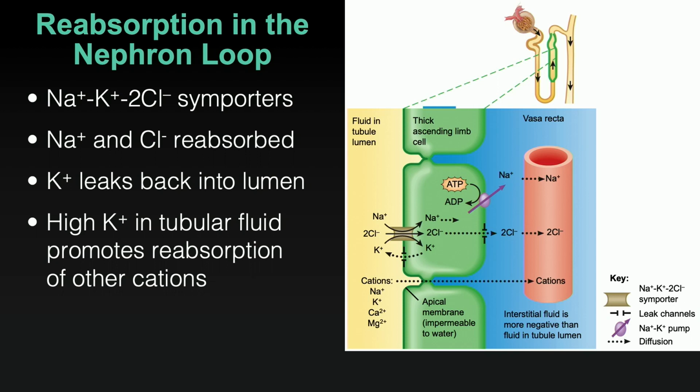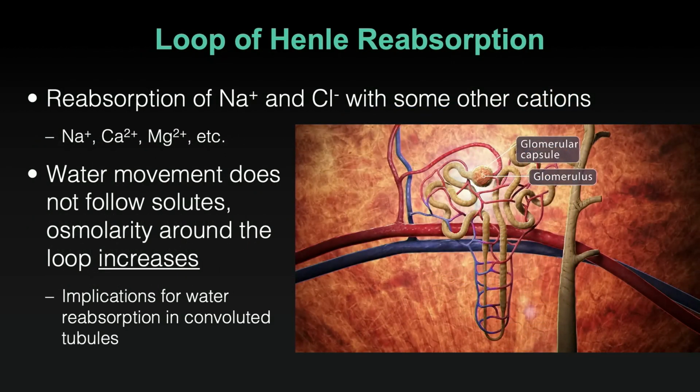So all told, we have fairly convincing movement of ions here, but no water movement. High throughput of ions, but no water movement. We get sodium, calcium, and magnesium movement.